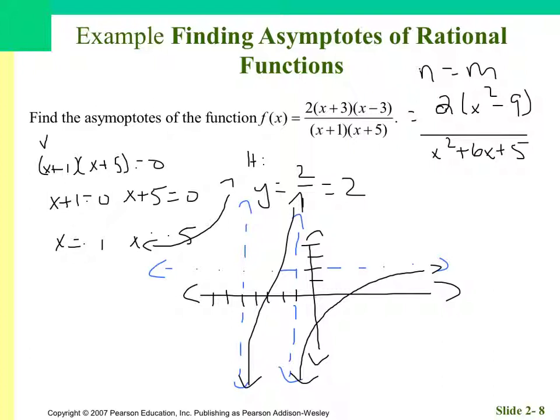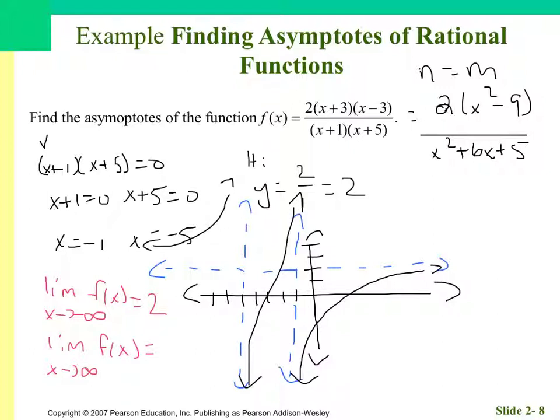So if you look at that, now if we looked at this and I said, what is the limit as x approaches negative infinity of f of x? I'm following this. What is it approaching? Well, what's the horizontal asymptote there? 2. The limit as x approaches positive infinity of f of x.